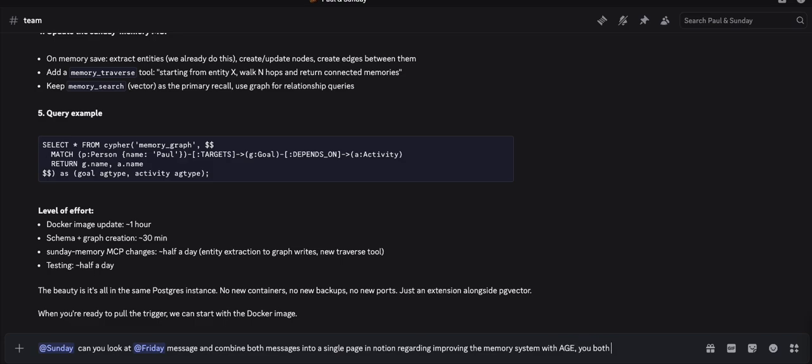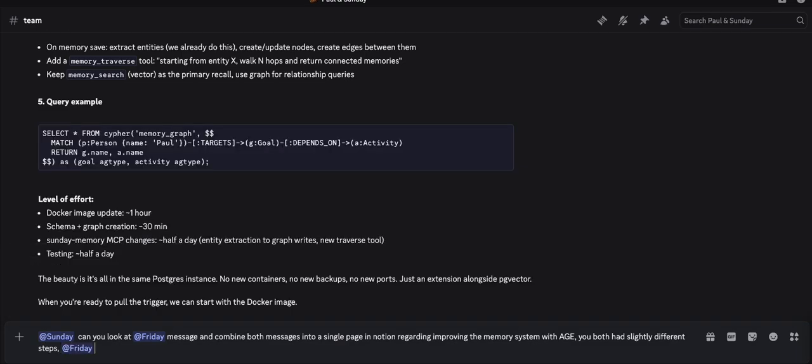We both had slightly different steps. Friday included schema. Well, you went into more detail on the possible container changes required.